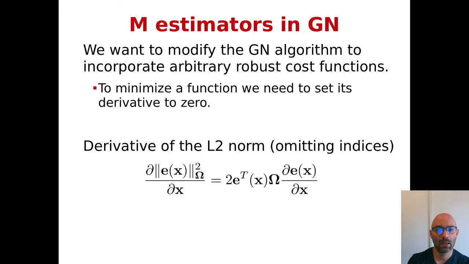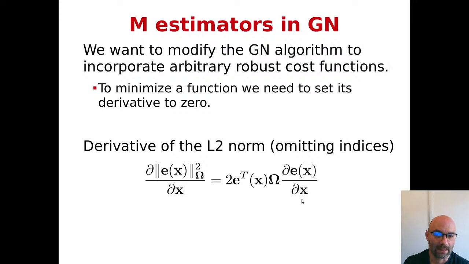Now, for the sake of completeness, what is the derivative of the L2 norm of the error? The L2 norm is e transpose omega e, right? And so if I compute the derivative of this function over here, it will come out to be 2 e transpose of x times omega times the derivative of the function itself.